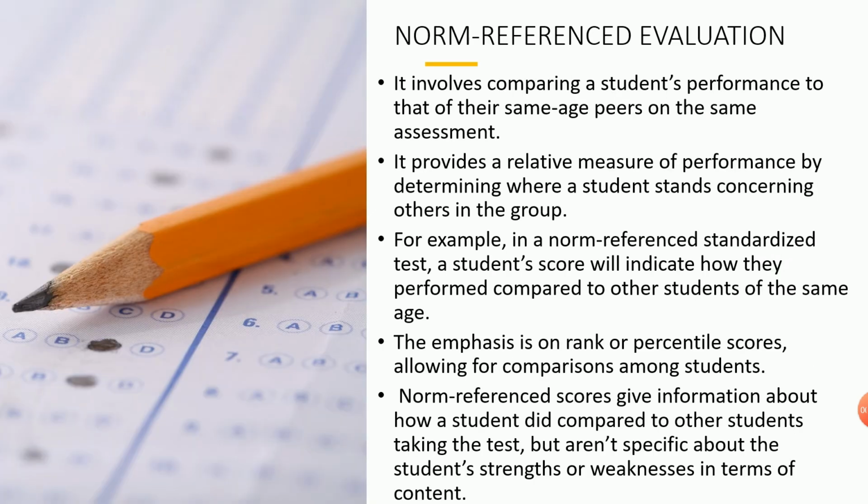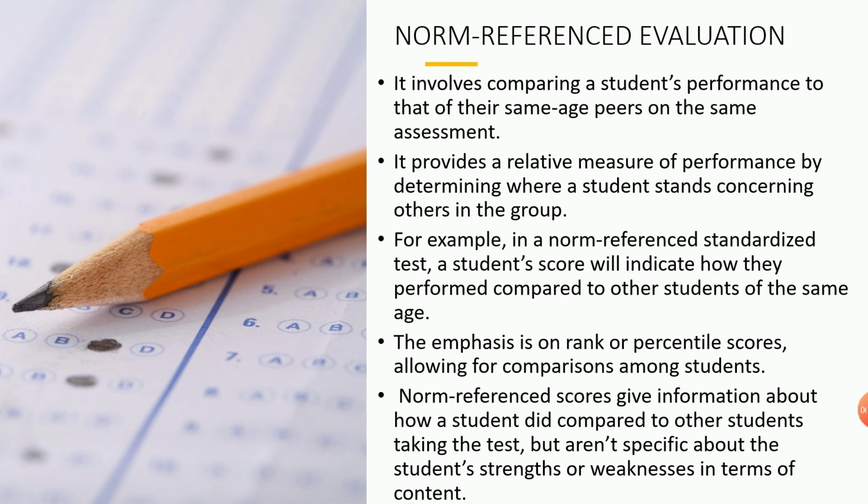Now based on the information, that is criterion. So norm referenced evaluation. Norms, what are the norms, rules, what we are setting up? Please note that it involves comparing a student's performance to that of their same age peers on the same assessment. அதாவது நம்ம ஒரு எக்ஸாம் வைக்கிறோம், we are conducting an exam at the class level.